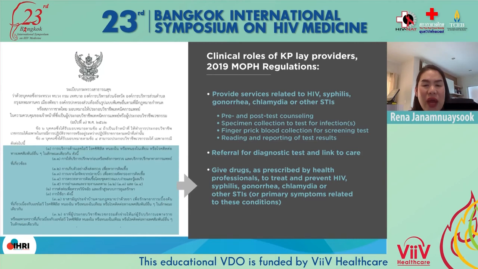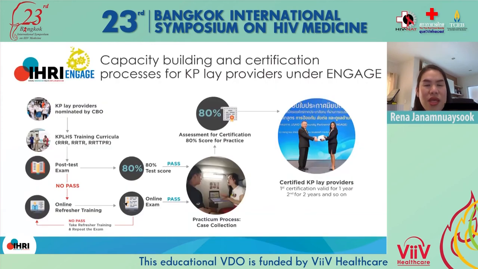The KP-led provider can also make referrals for diagnostic tests and link to care. And KP-led providers can also give drugs as prescribed by health professionals to treat or prevent HIV, syphilis, gonorrhea, chlamydia, or other sexually transmitted infections.